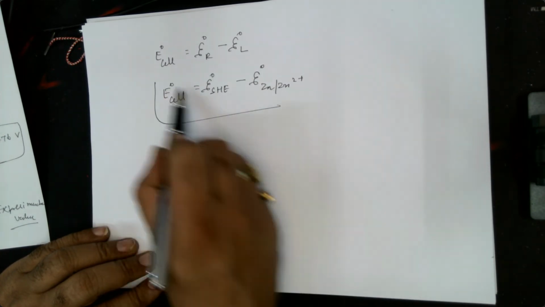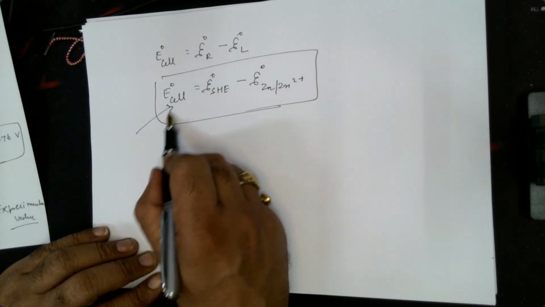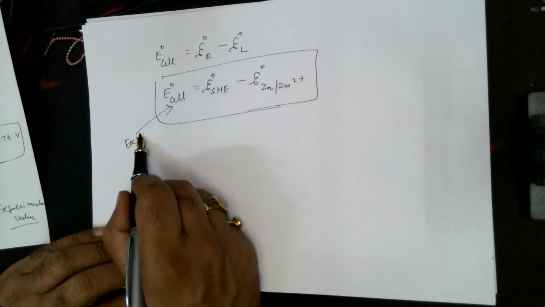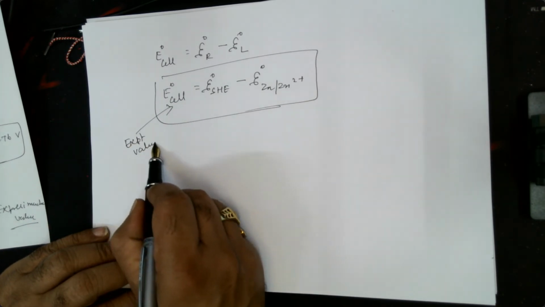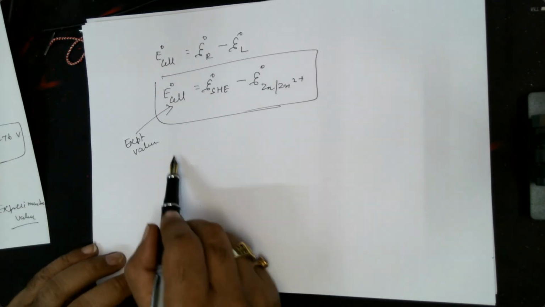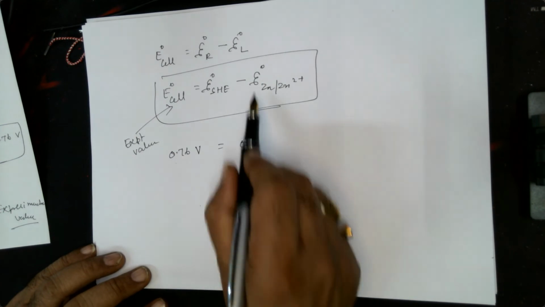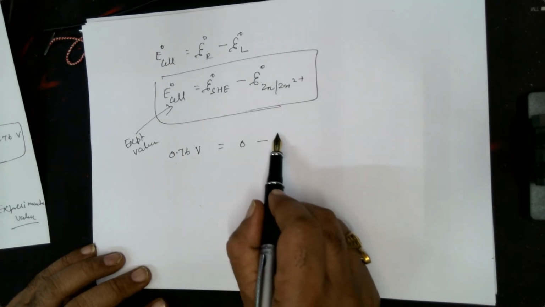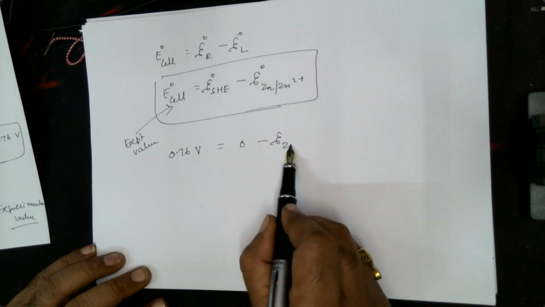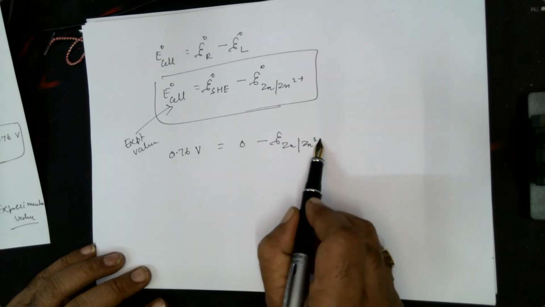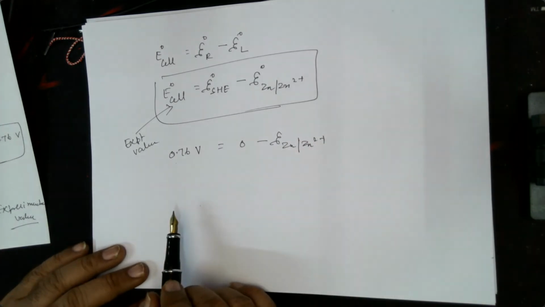As I already mentioned, now this is the experimental value, and what was the value we got? 0.76 volt, and this is 0, and this is zinc electrode potential, Zn 2 plus, right?